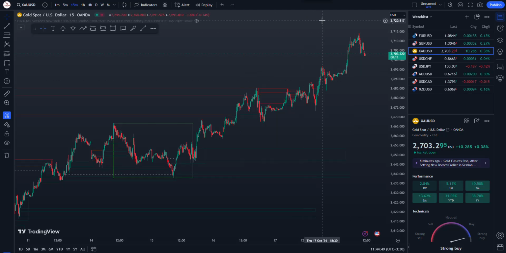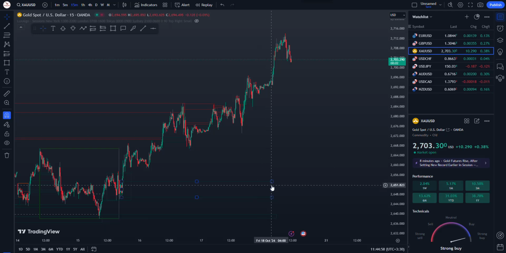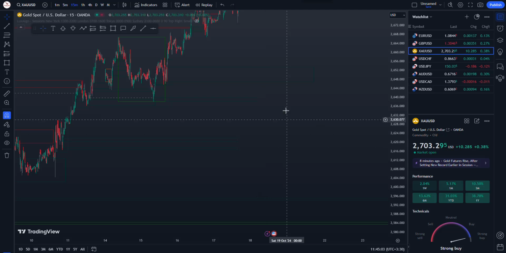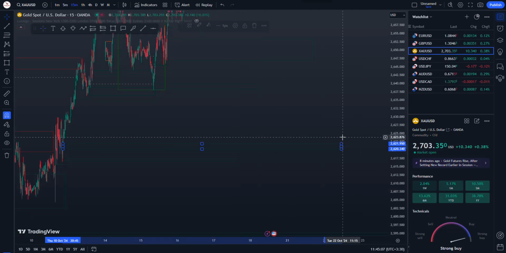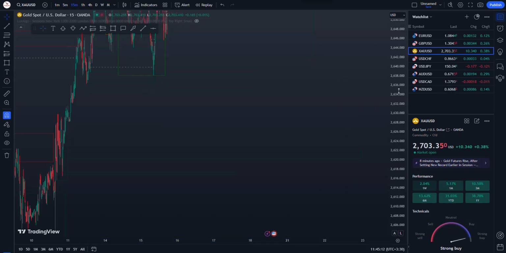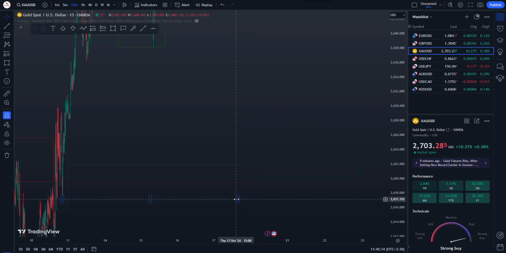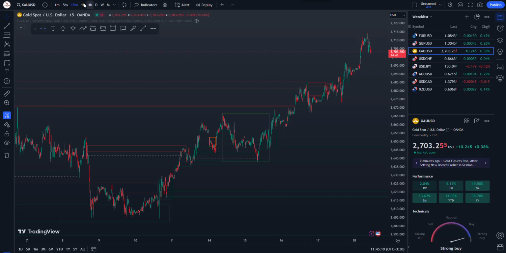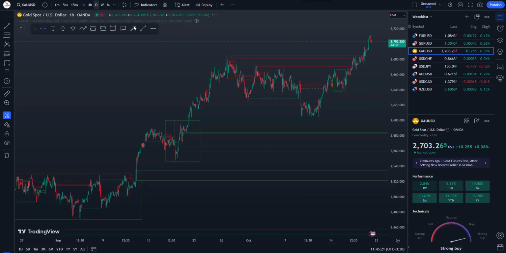So let's see what's happening. Gold price makes an all-time high after another, and doesn't come back to our interested area, and continues going up. So let's see what happened here.